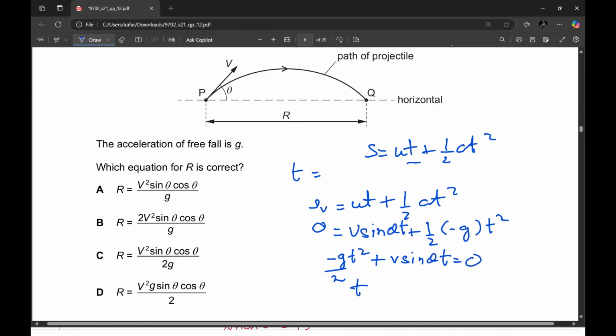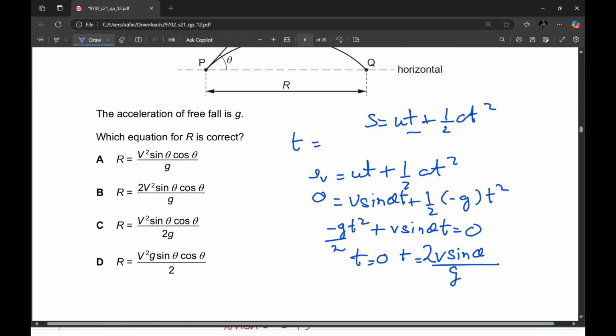So t is either 0 or t is equal to 2 v sine theta divided by g. That's t. Since it's a minus, the minus cancels out, and the 2 gets multiplied. Okay, so we got t.